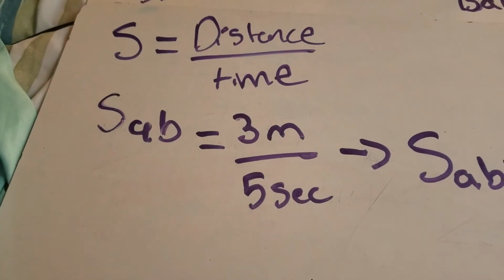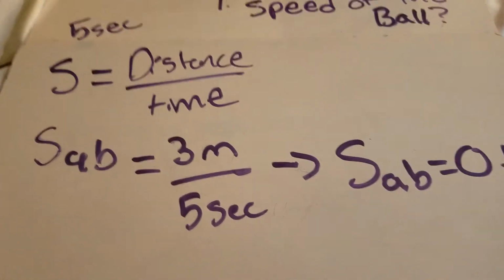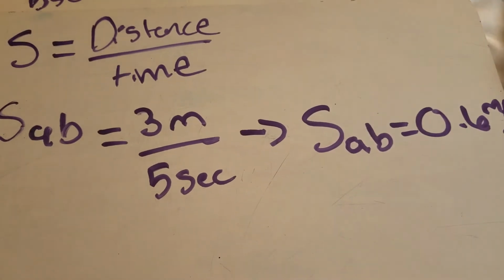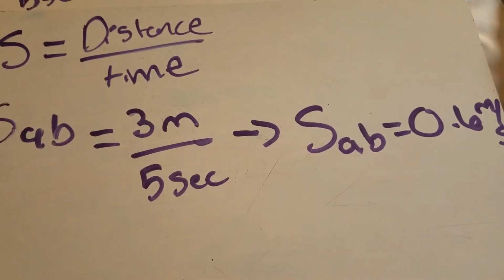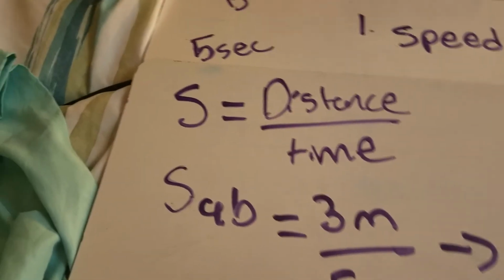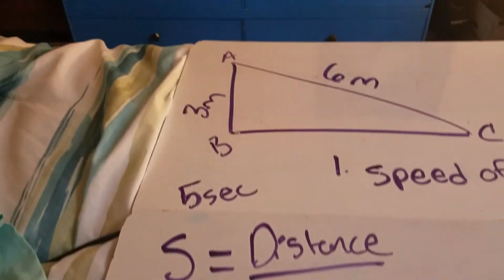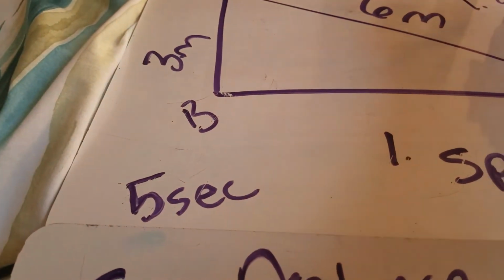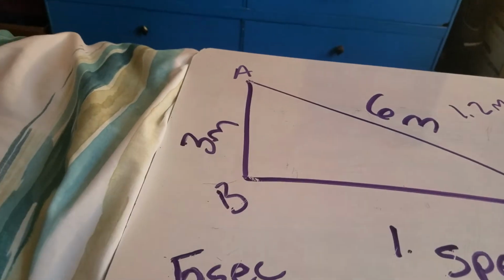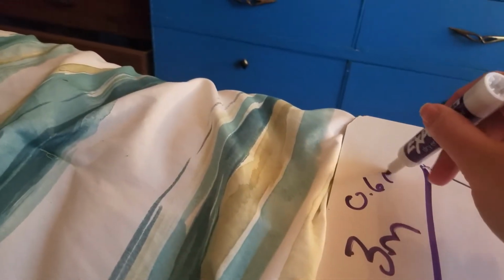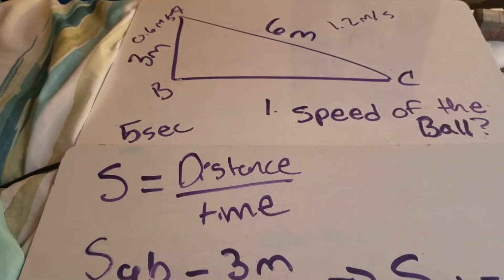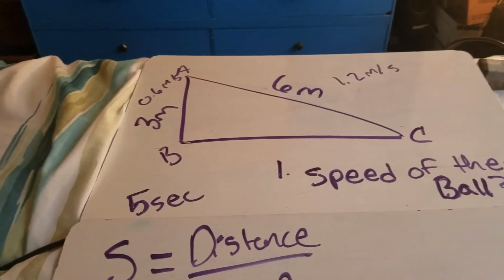All right, let's try one more of these. Okay, so we said that the speed here was 1.2 meters per second. I'm going to write that down. Speed here was 0.6 meters per second. Now I want to know, what is the speed of BC?